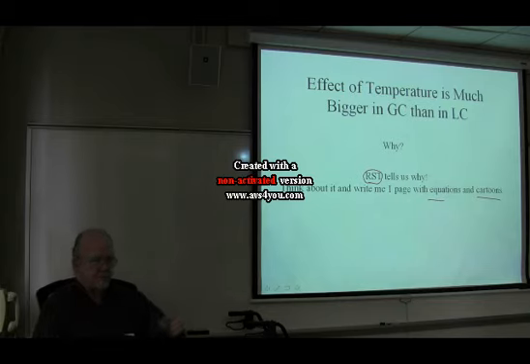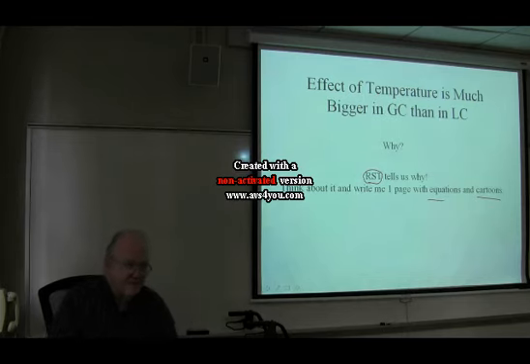And explain to me why the effective temperature in reverse phase is so much smaller than effective temperature in GC. If you need more than 1 page, you don't understand it. But you need to understand this.